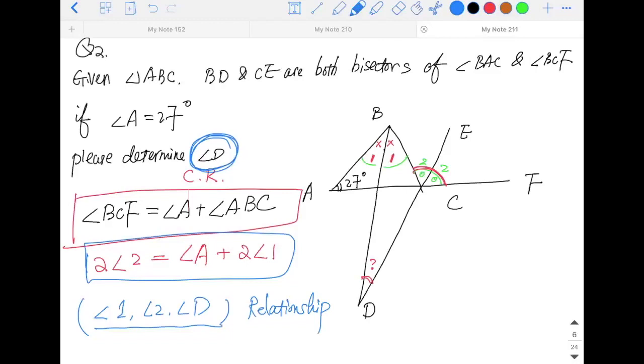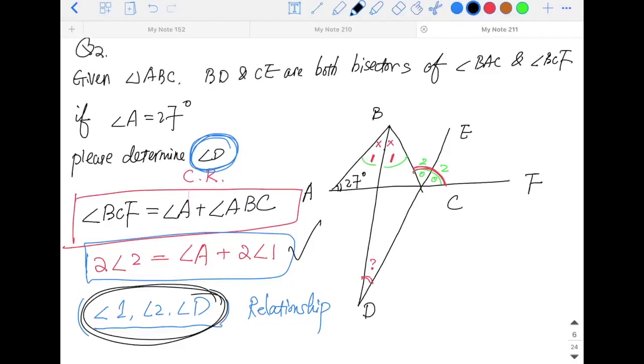This is something you already know: 2 angle 1 plus A equals 2 angle 2. This is something you do not know: angle D. The only thing that bridges what you know and what you do not know is the relationship. As long as you figure out the relationship for angle 1, angle 2, and angle D, you'll be able to solve the problem.